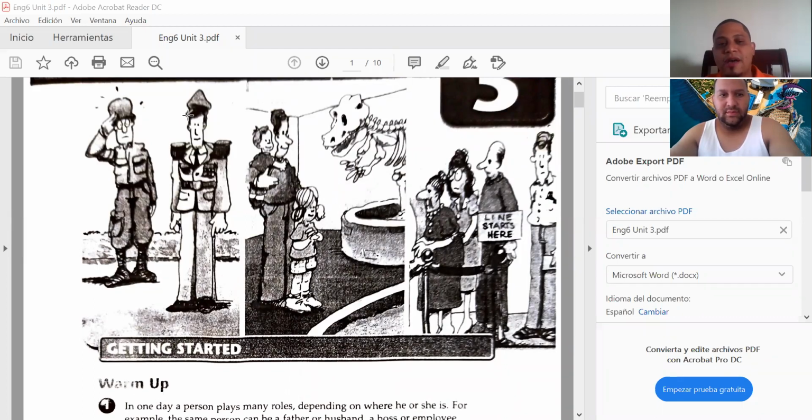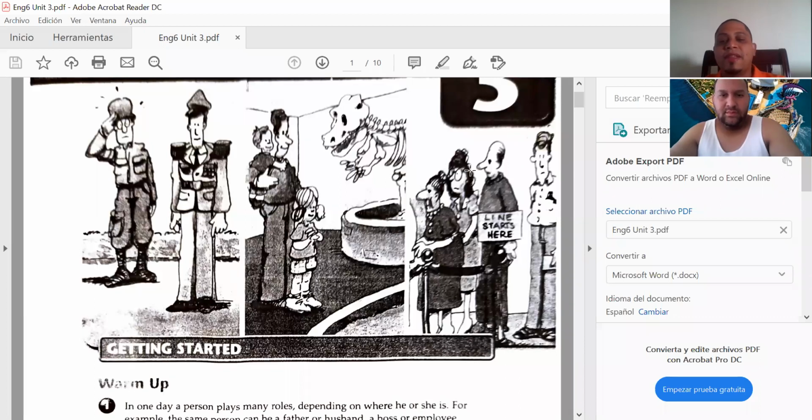Look, you have this person here, you have the same person here, and you also have the same person here. If you check closely, you will notice that it is the same person, but in different situations.